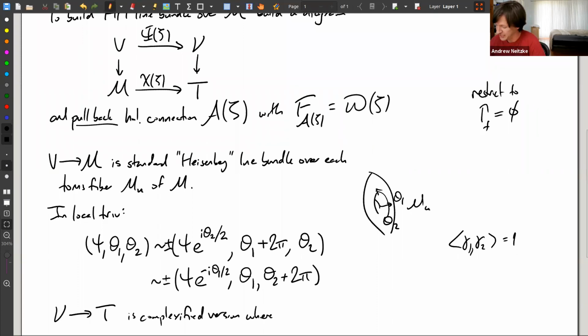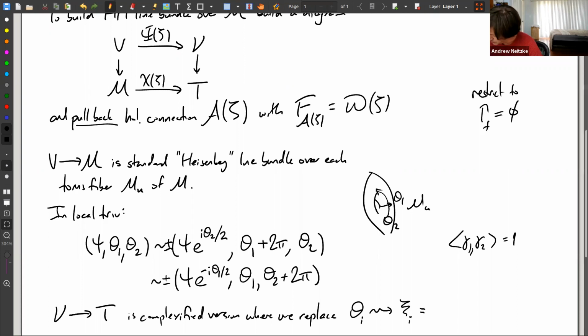So you write exactly the same formulas, but just replace theta, the coordinates on this real torus in M, with psi I, which you can think of as being the log of the coordinates xi that I was using before. Psi I is the log of xi.